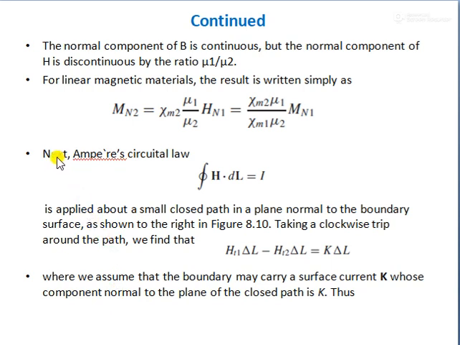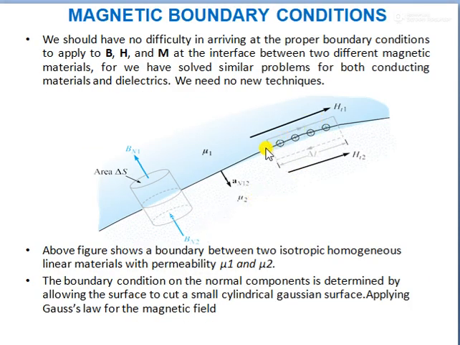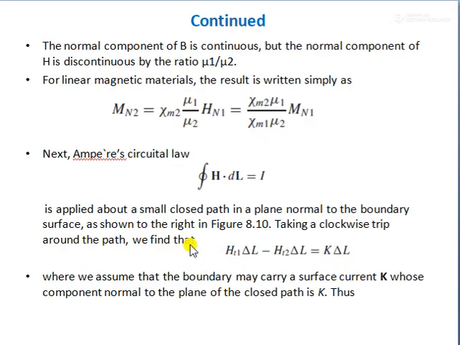For that we need to apply Ampere's circuital law, that is the closed integral of H dot dl is equal to I, applied to the small closed path, which has tangential components Ht1 and Ht2 on the two sides, and length del L. Now, taking a clockwise traversal around the path, as H dot dl is I, we have to include this for the whole closed path.